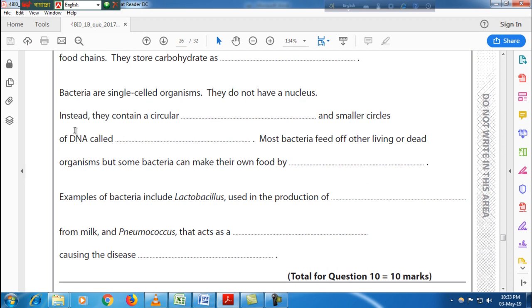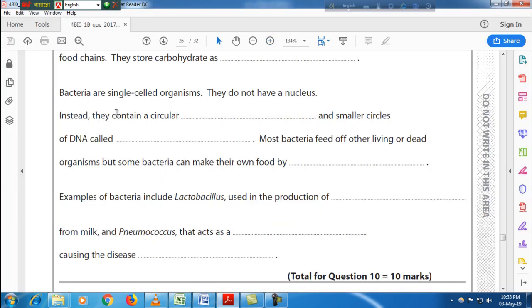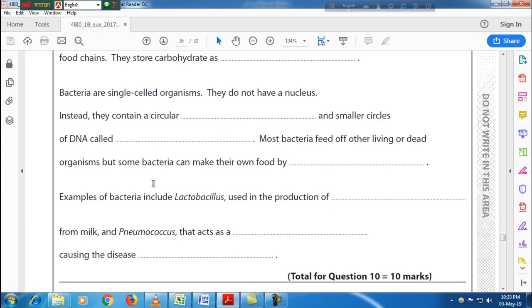Bacteria are single-celled organisms. They do not have a nucleus. Instead, they contain a circular chromosome and smaller circles of DNA called plasmids.